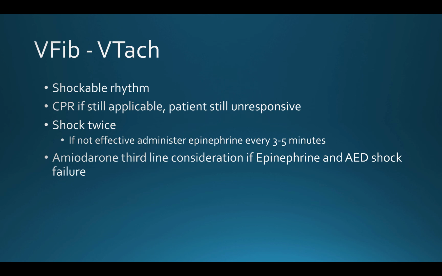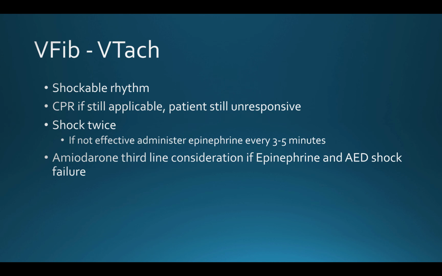As far as our arrhythmias go, VFib and VTach are shockable rhythms. In this setting, we're going to utilize our AED, and if we're in an acute care type of setting, we'll be prompted and guided through what to do there.